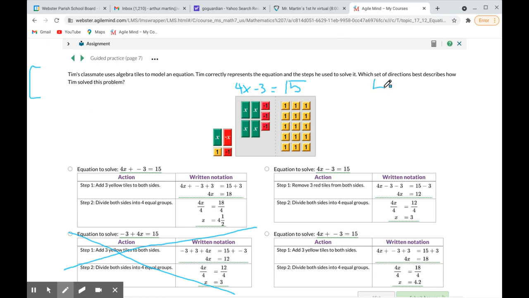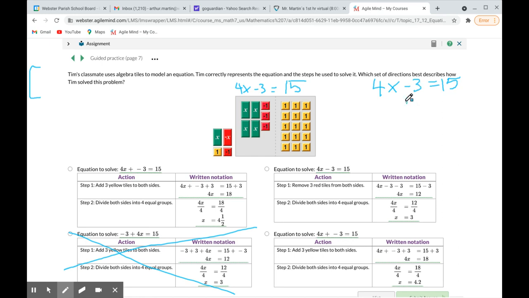So if we were to solve this, what's the first thing that you would do? 4 times -3. Well, this is 4x minus 3. So what's the first step that you need to do so that you get 4x by itself? Like, how do you make minus 3 become 0 so that 4x is by itself?